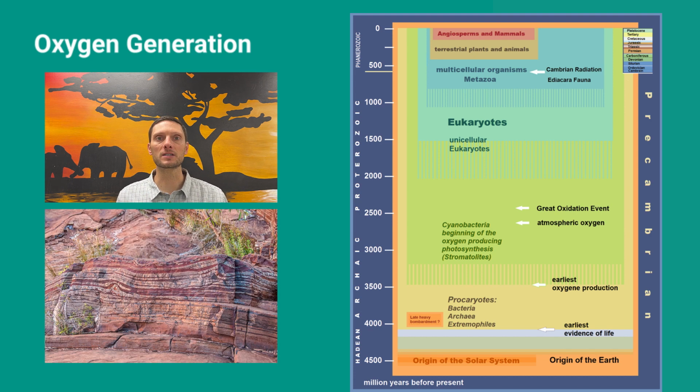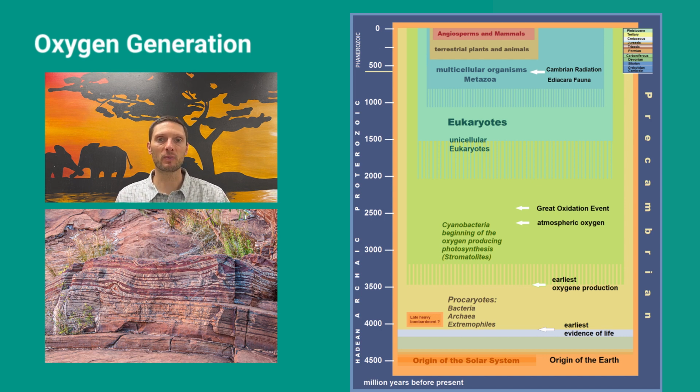Iron is oxidized within the ocean, within rock, and forms iron oxide precipitate, and that led to sedimentary rock. And it produces these banded red patterns, called banded iron formations, and you can actually see these. And so all of the initial oxygen that was produced went to this oxidation of iron.